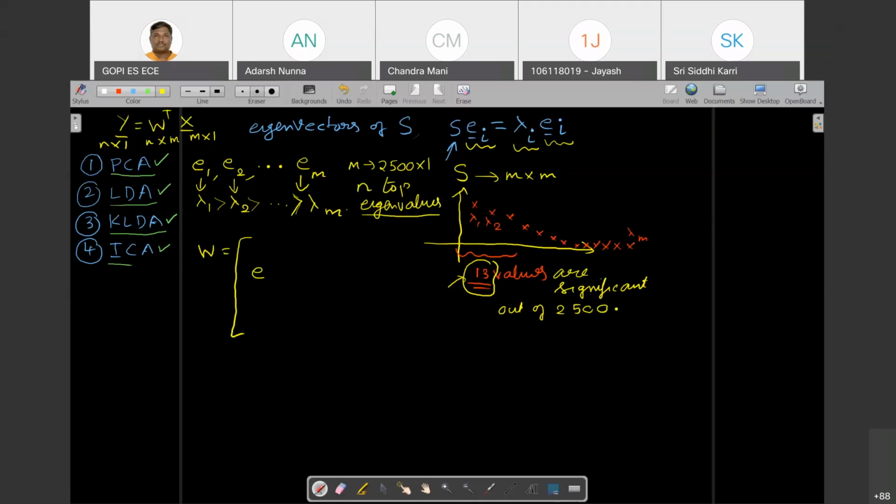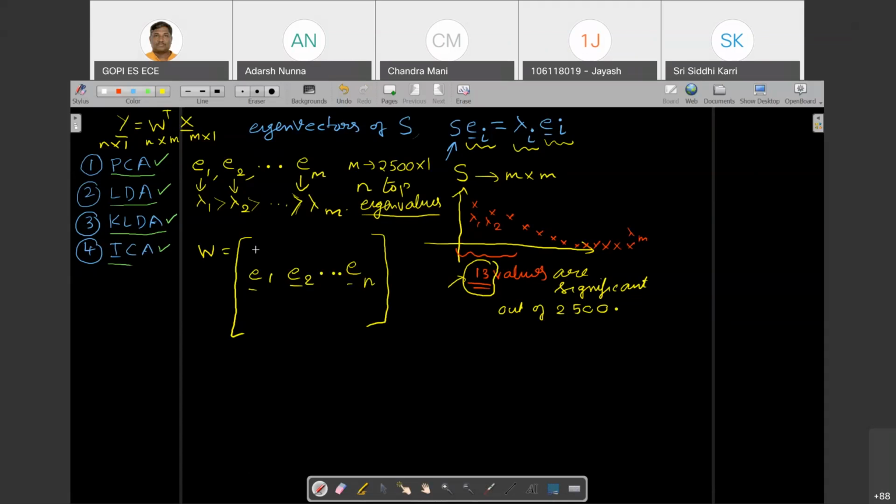So you are going to form a matrix. You know that the eigenvector size is going to be m cross 1, so you are going to arrange them column wise. E1, E2, and so on, and so you have this n here. W transpose size is n cross m.